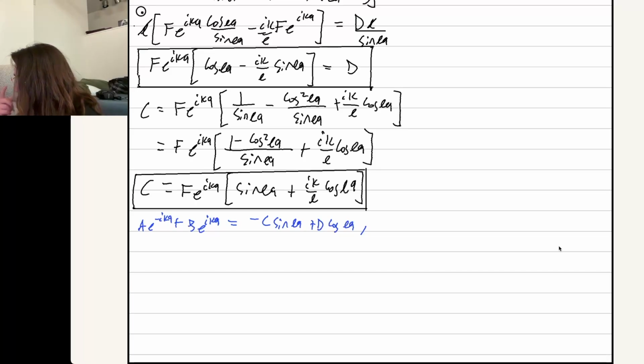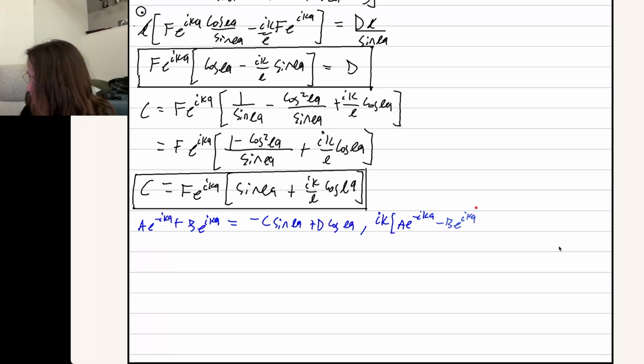And also another boundary condition: ik e to the minus ika minus b e to the ika is equal to L times C cosine La plus D sine La. So that's what we're plugging into.